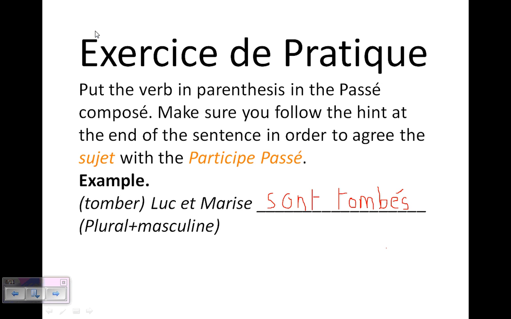That's because in French, if you have a feminine and a masculine, it always goes with the masculine. It's just an exception. It's just the way the language works.